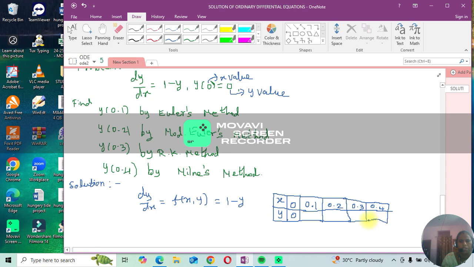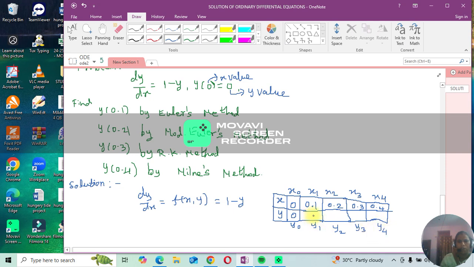So all the points I have included in the table, and now we name the points. So this point is x0, x1, x2, x3 and x4. Now correspondingly y we name it as y0, y1, y2, y3 and y4.